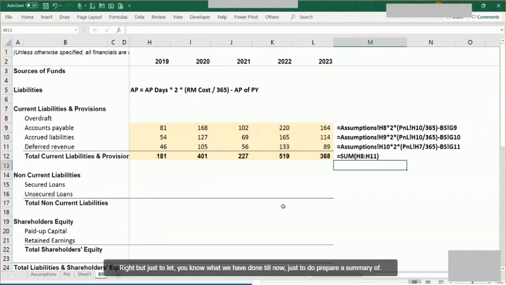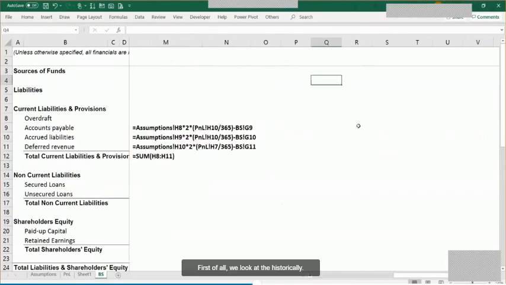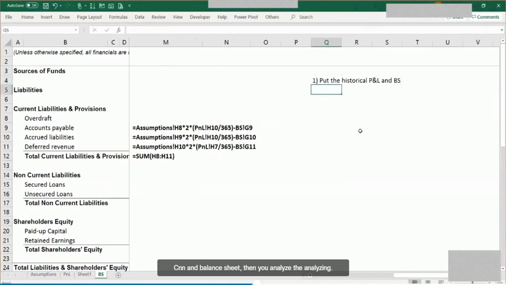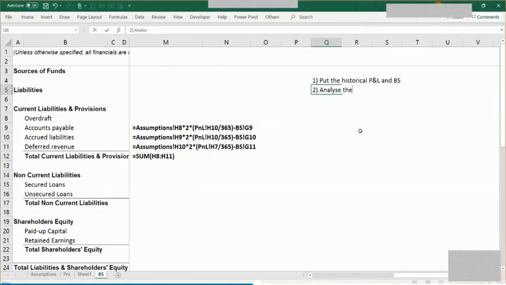But just to let you know what we have done till now, just to prepare a summary of it. First of all, we looked at the historical P&L and balance sheet. Then we analyzed the historical trends and ratios.